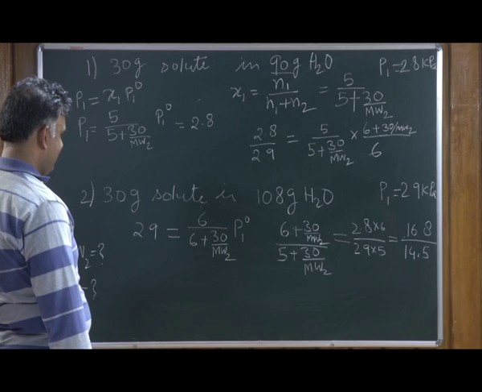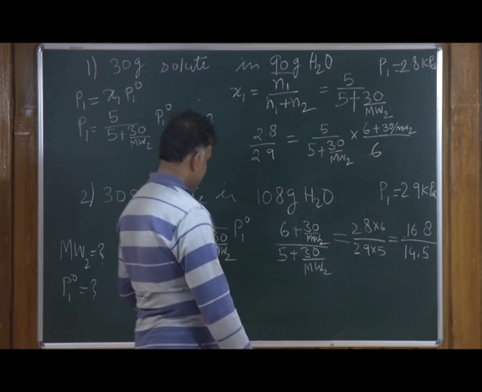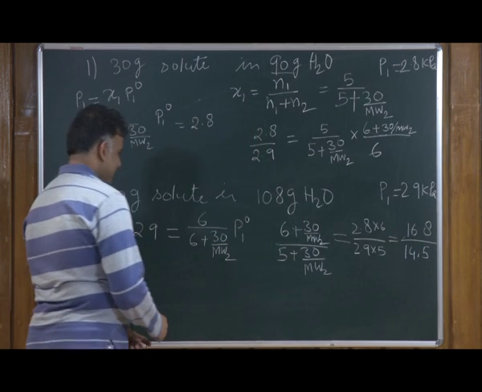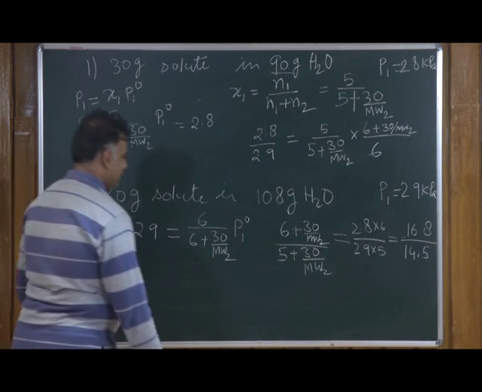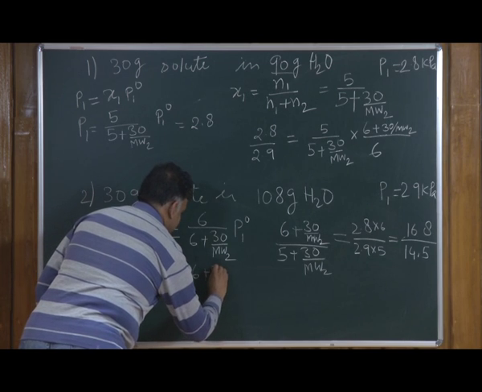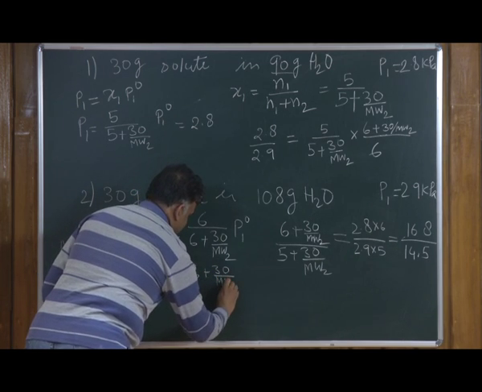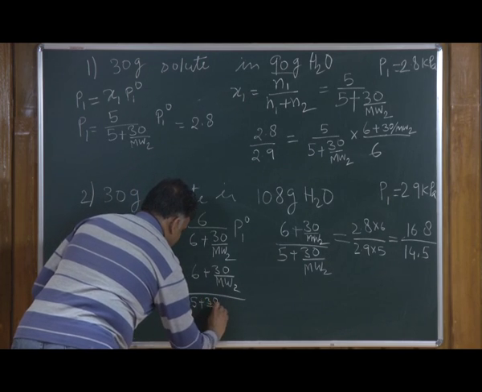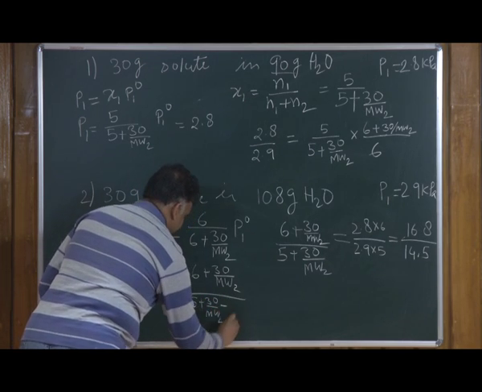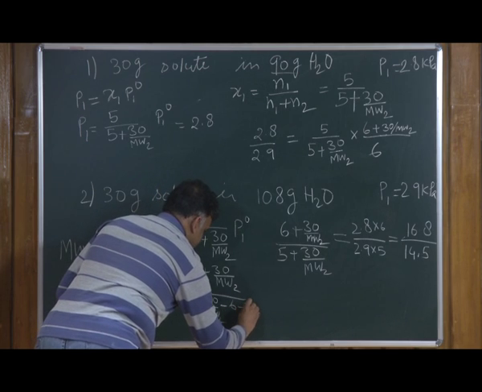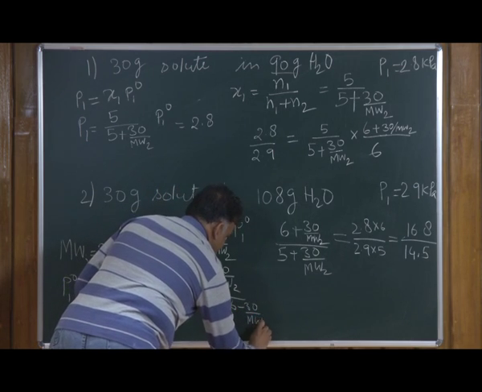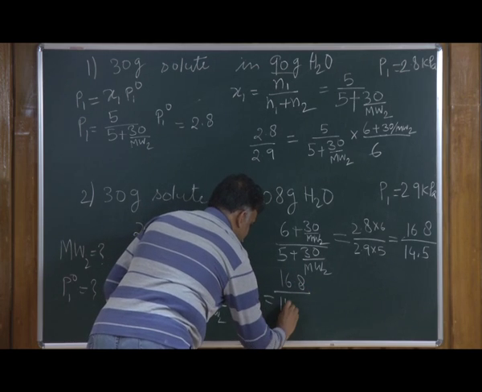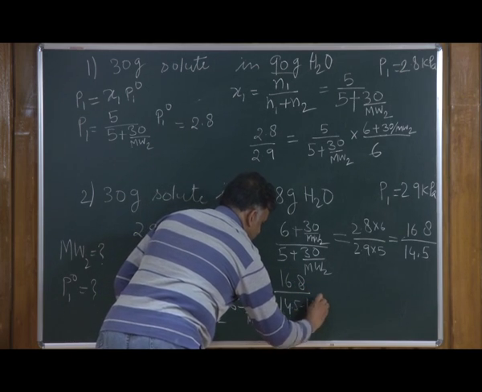Now, again subtracting numerator from denominator, we can simplify the whole thing and we will get 6 plus 30 divided by molecular weight of solute, divided by 5 plus 30 by molecular weight of solute, minus 6 minus 30 by molecular weight of solute, equal to 16.8 divided by 14.5 minus 16.8.